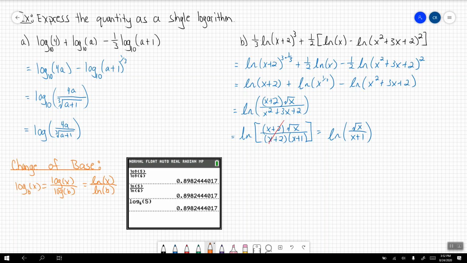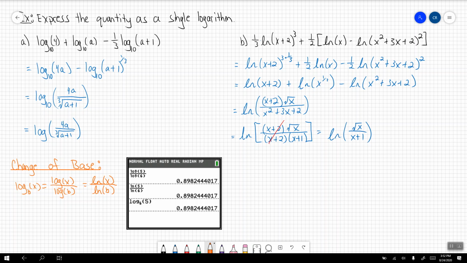If you see here on screen, I have 3 different versions of the logarithm. Down below, the very last option says logarithm base 6 of 5 is equal to that approximation of 0.89824444017.